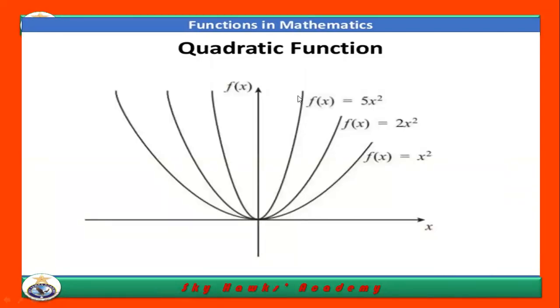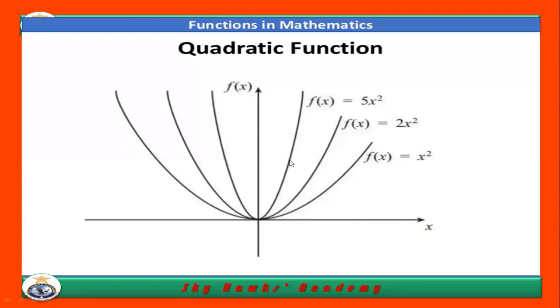So for quadratic functions, we have many shapes, because these shapes open upward, and these are different shapes. Now you can see the first curve, which is f of x equal to 5x square.